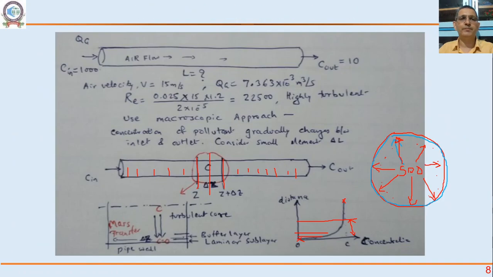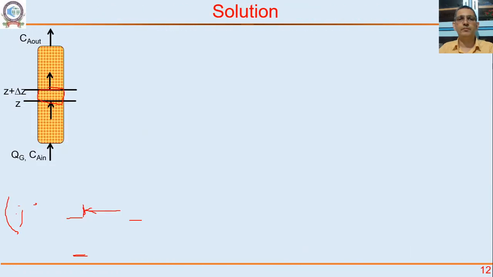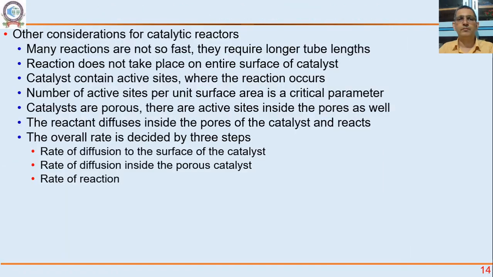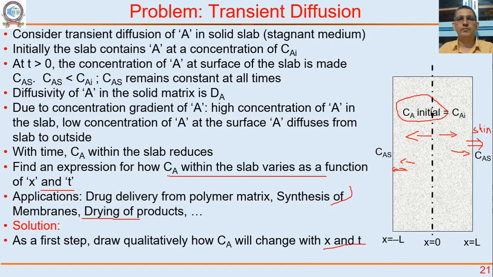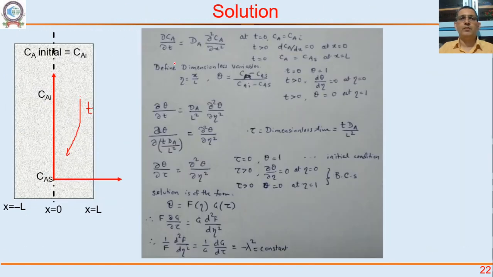Okay, here is the answer. You should get this. This is a first order differential equation with respect to time, and a second order differential equation with respect to x.